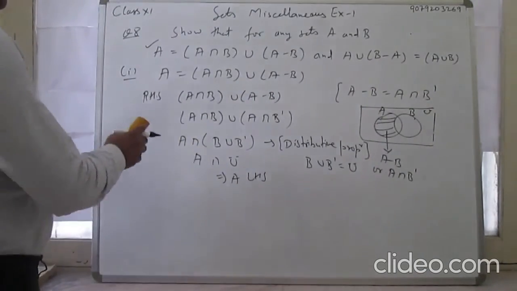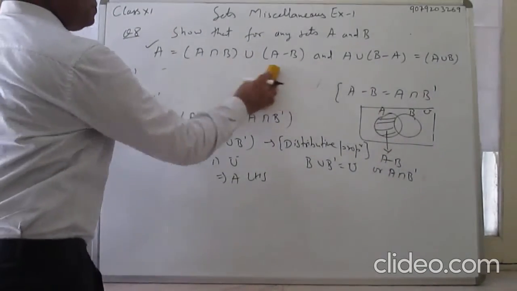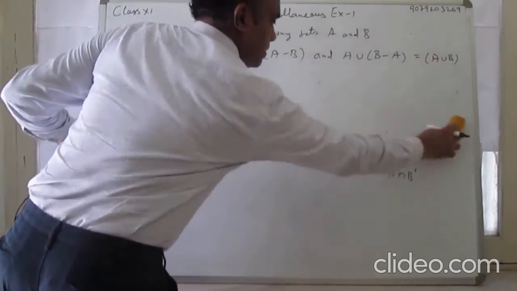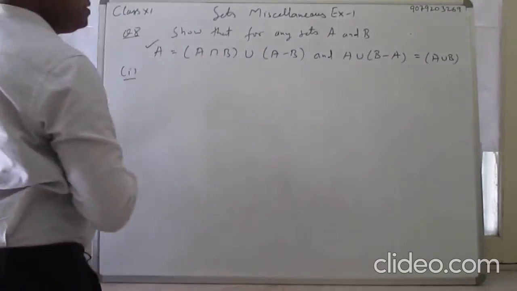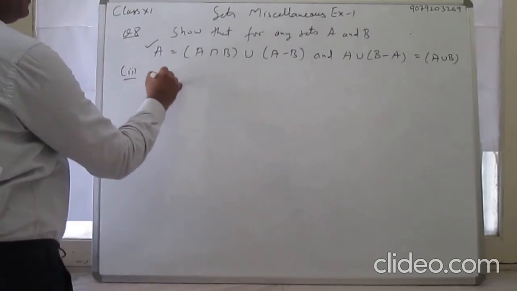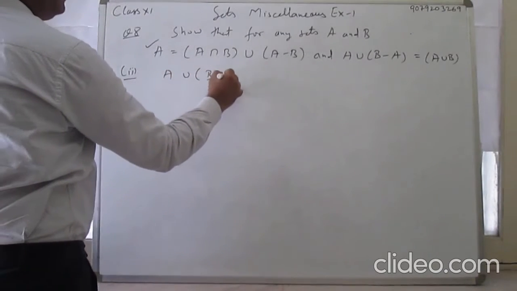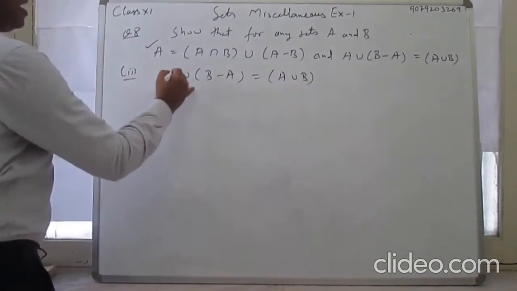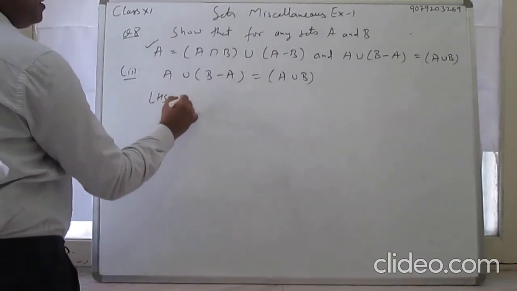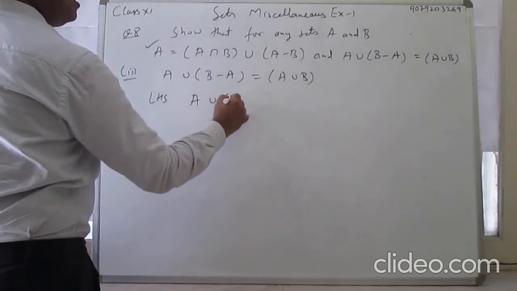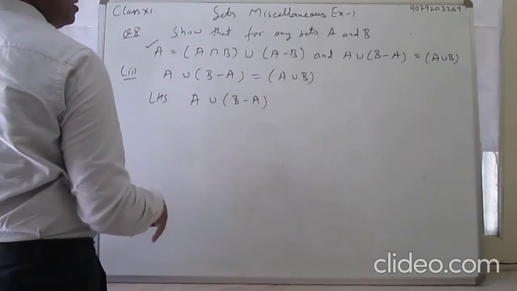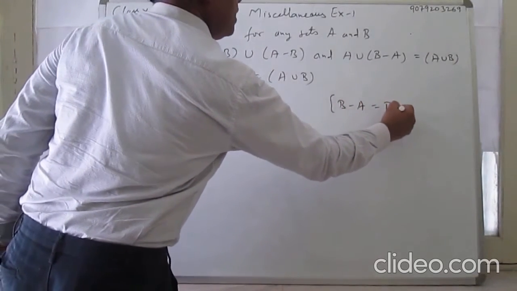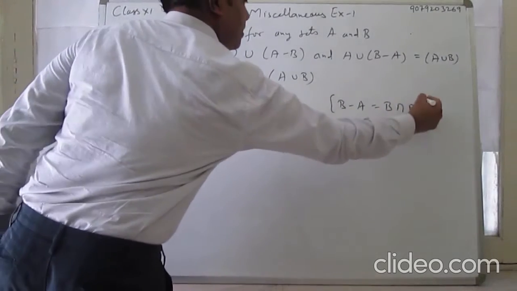See on the board. Second part, A union B minus A is equal to A union B. I will take left hand side, A union B minus A. Instead of B minus A you can write B intersection A complement.